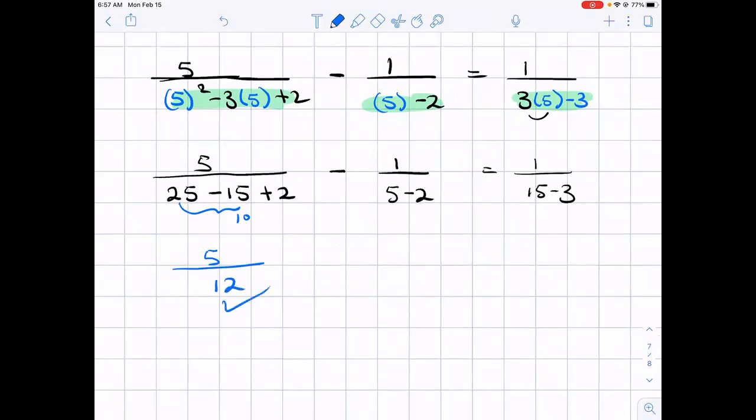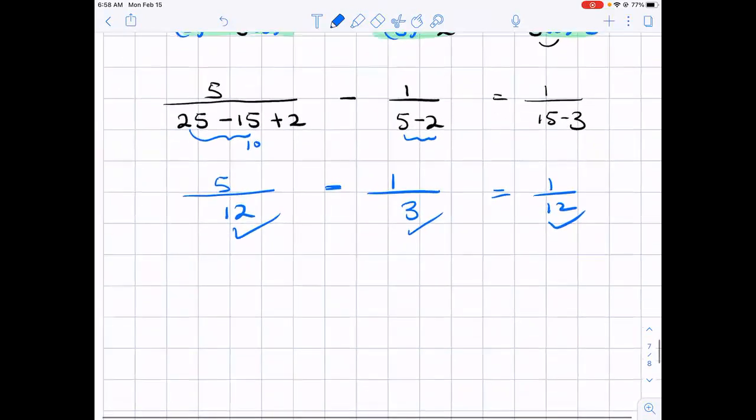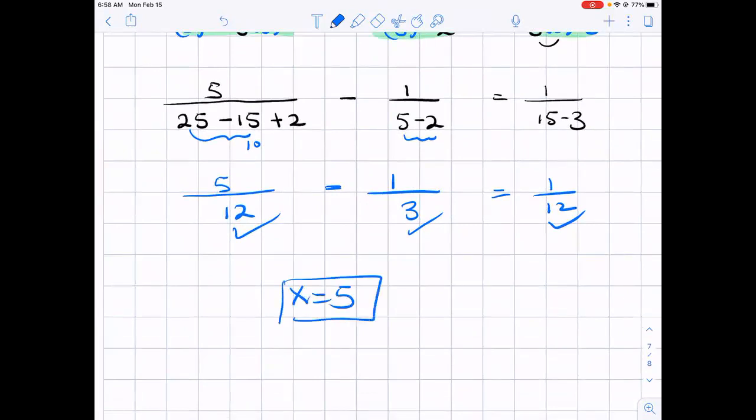This is okay. 1 over 5 minus 2 is 3, that is okay. And 15 minus 3 is 12, that's okay. We don't have a denominator of 0. So x equals 5 is a solution.